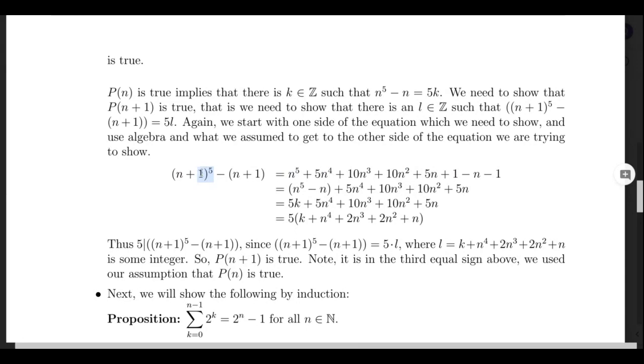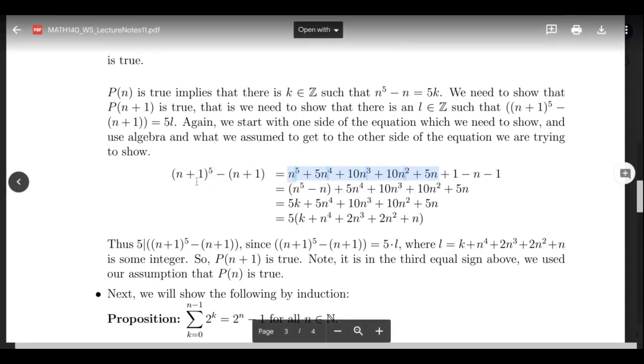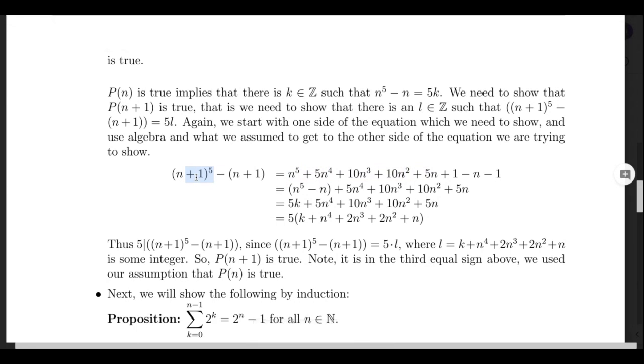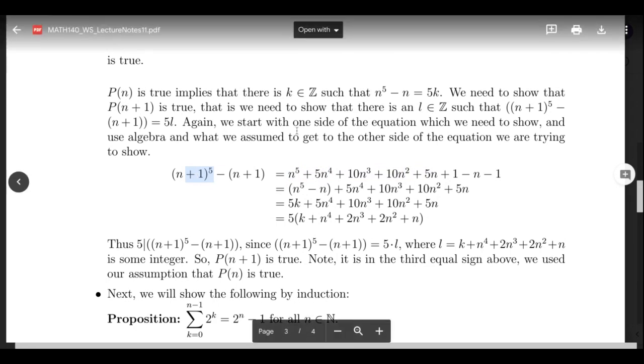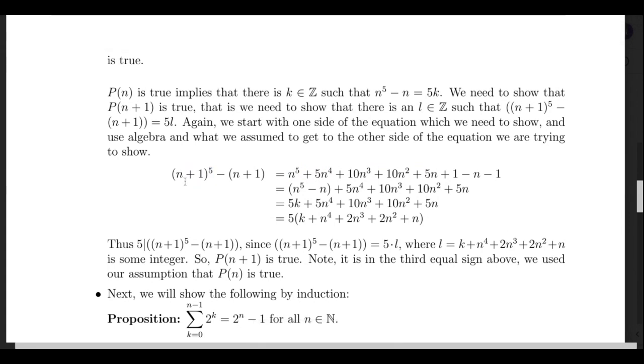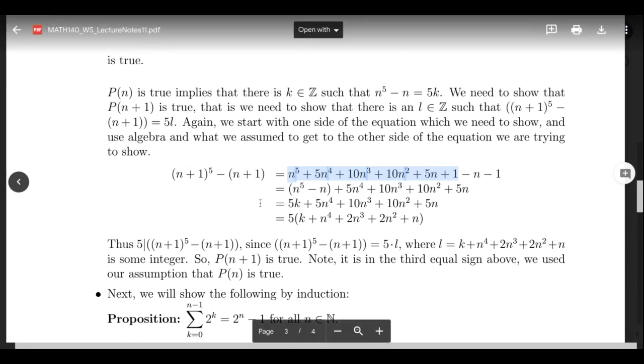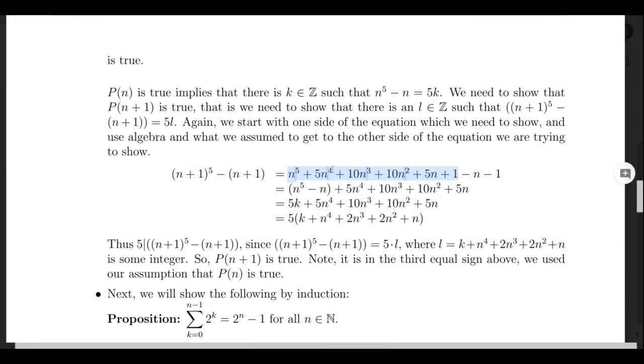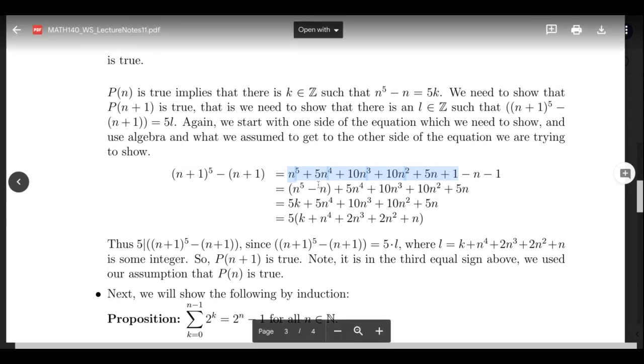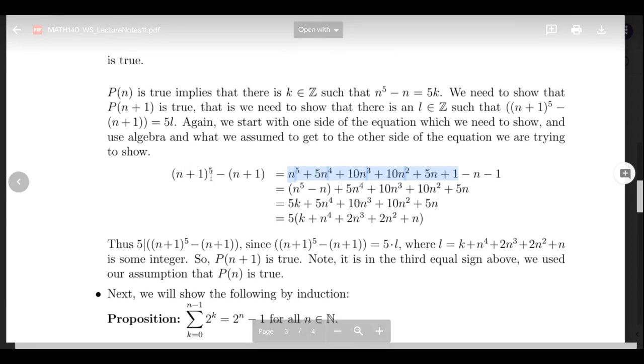But however, here it's just 1, and multiplied by 1 doesn't change anything. But if the second term is something else, it just goes in ascending order, right? So we're expanding n plus 1 raised by 5, we get n raised by 5 plus 5n raised by 4 plus 10n cubed plus 10n squared plus 5n plus 1. So this is the expansion of n plus 1 raised by 5.